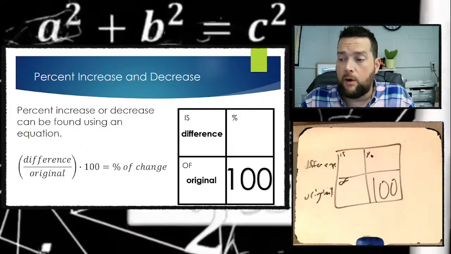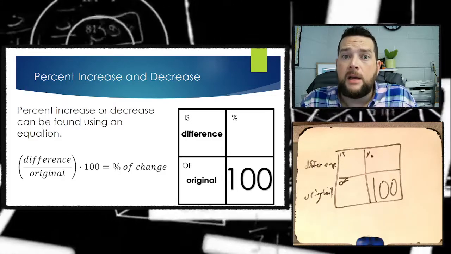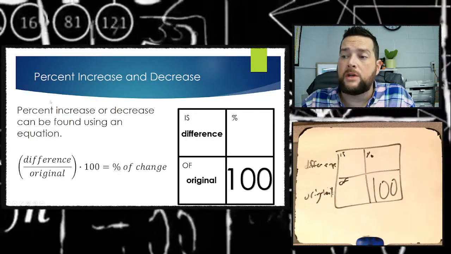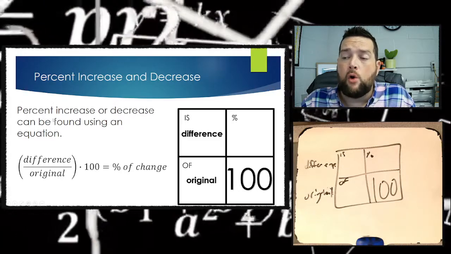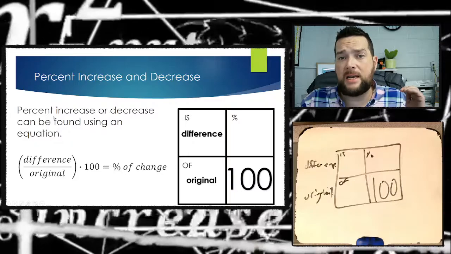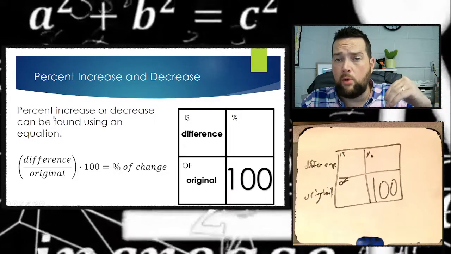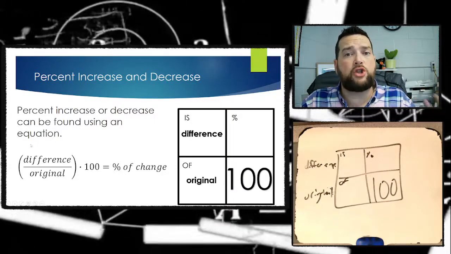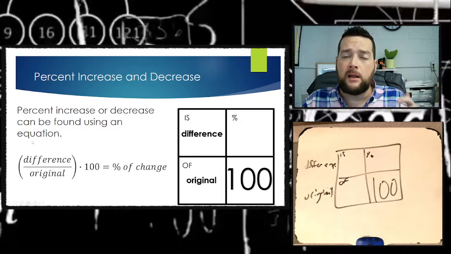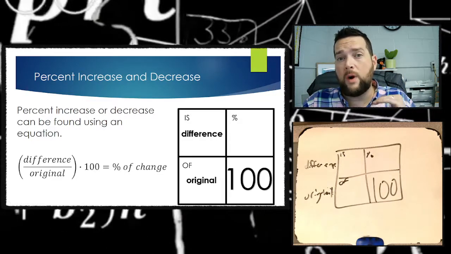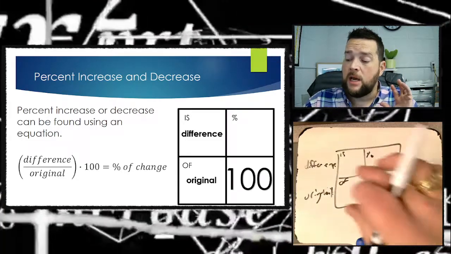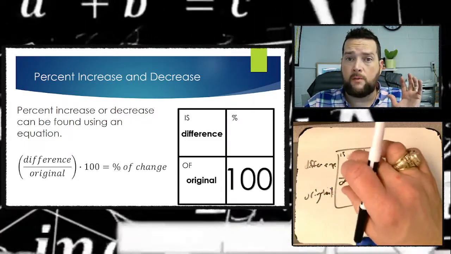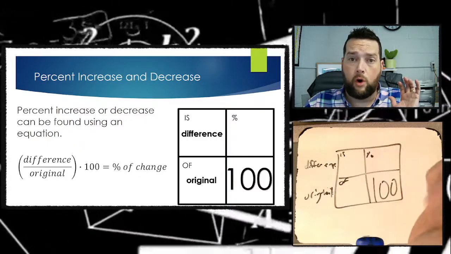Difference divided by original, all right? So again, just to reiterate that, if you see the words increase or decrease combined with percent, or you see words that point to this idea of something moving up or something moving down, that's percent change, and it gets a little bit different treatment than just a regular old percent problem, all right? And the extra treatment is we're thinking of this in terms of difference over original rather than part over whole, all right?